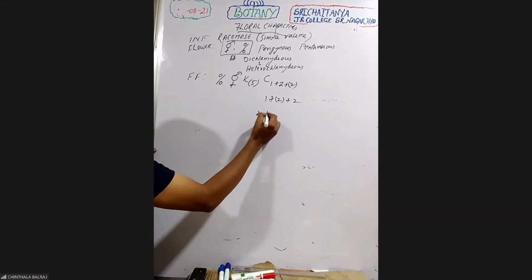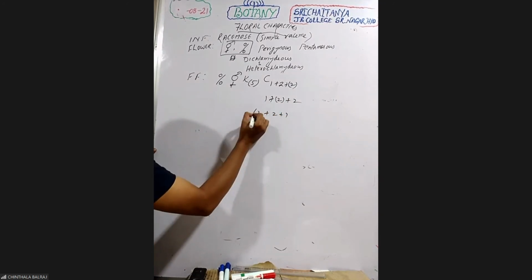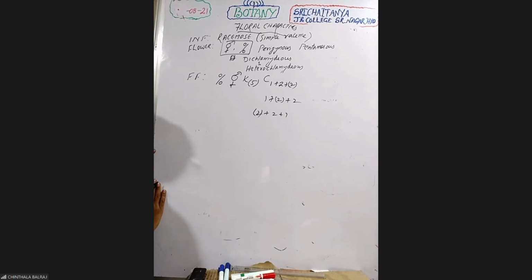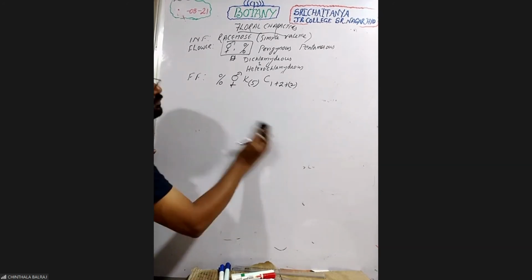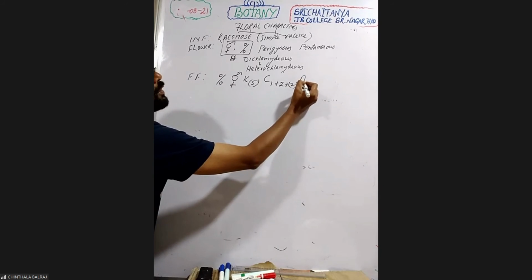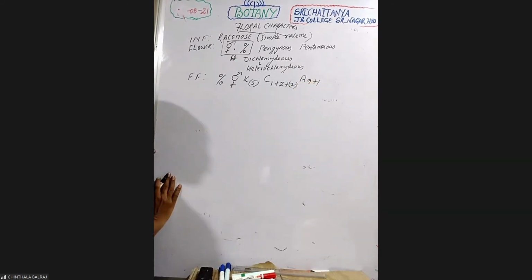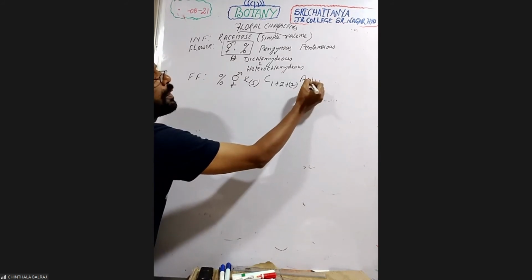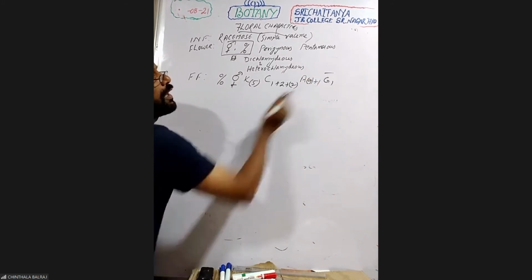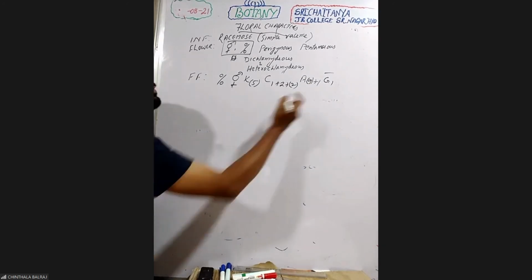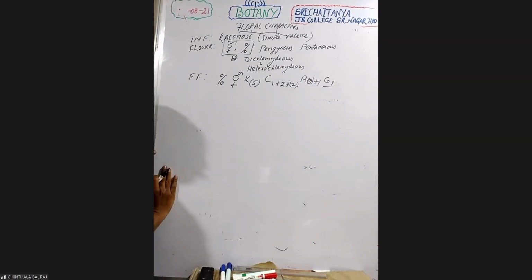First one. Stamens: 9 should be in brackets. G1: superior ovary. You must remember superior, superior, superior. Once it was asked: superior ovary. Okay?